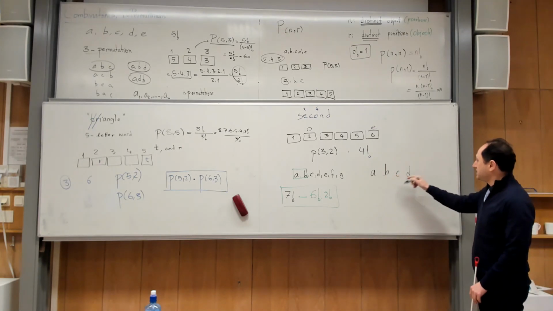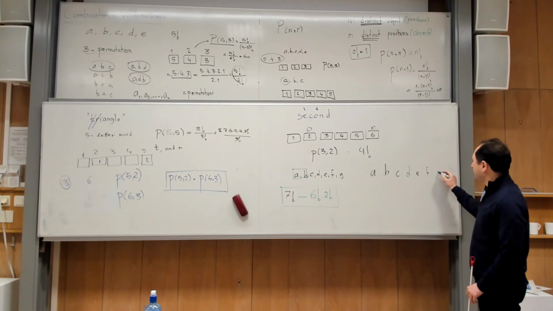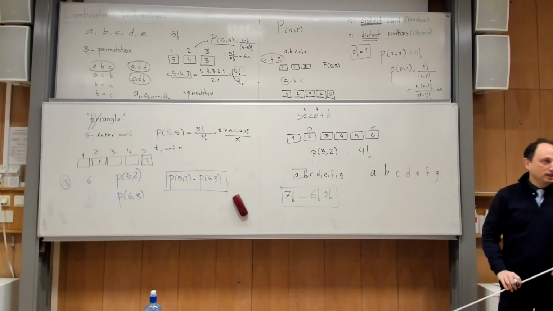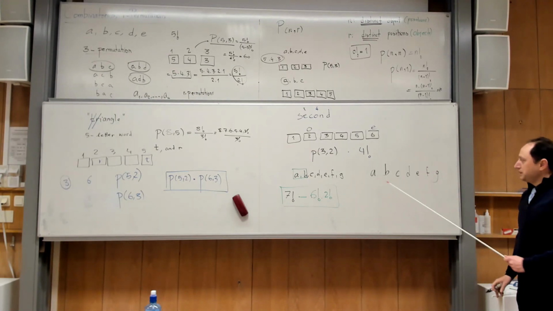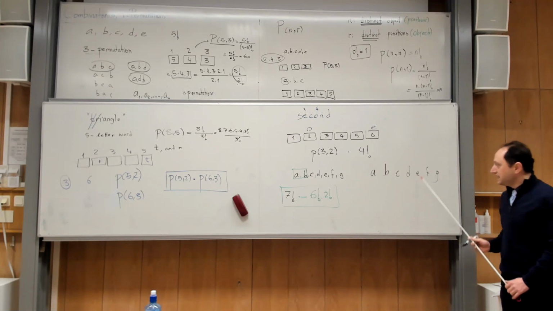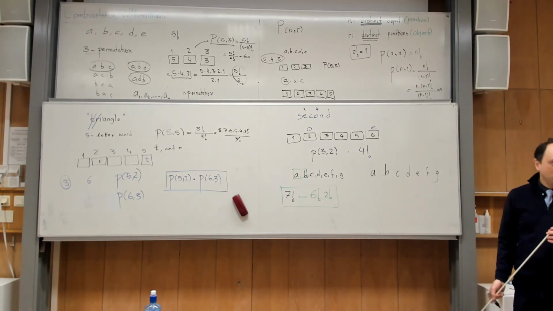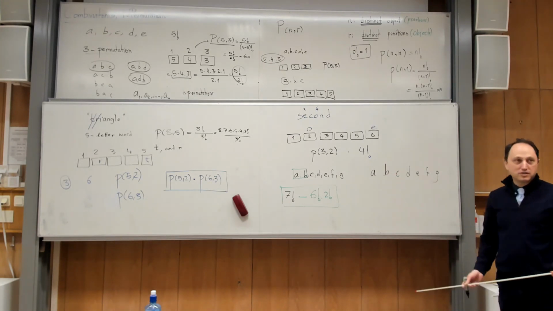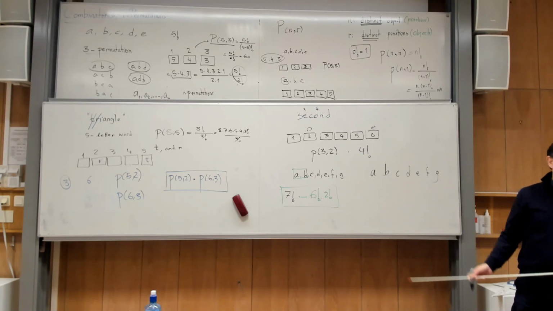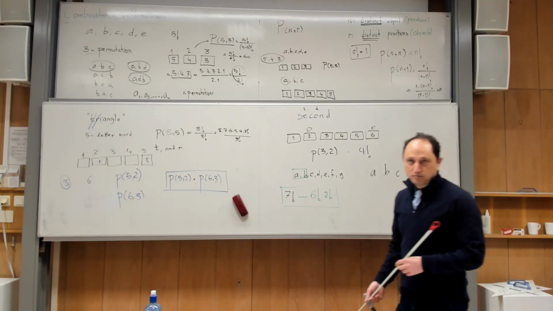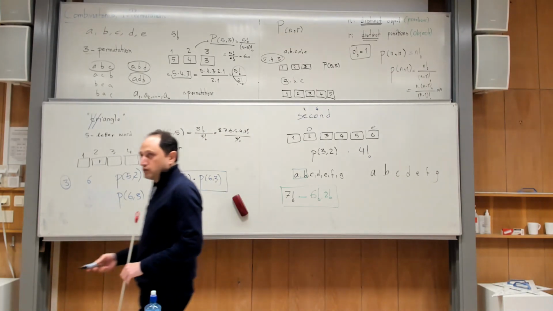A, B, C, D, E, F, G. Is the question clear? I want to arrange them in a way that at least one person is between A and B, at least one person is between B and C, and at least one person is between A and C. Now this is a more interesting question.